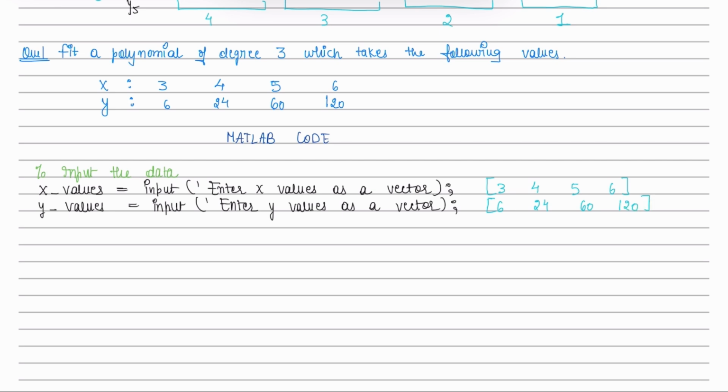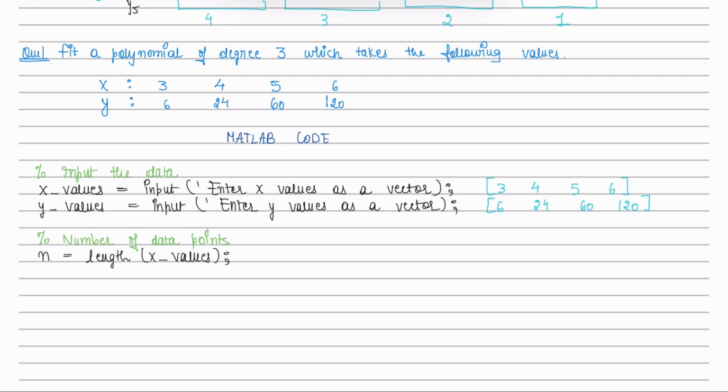Now to find the length of these values, n is equals to length of x underscore values. You can use either the variable x underscore values or y underscore values to find the value of n, as the dimension of x and y values are the same.